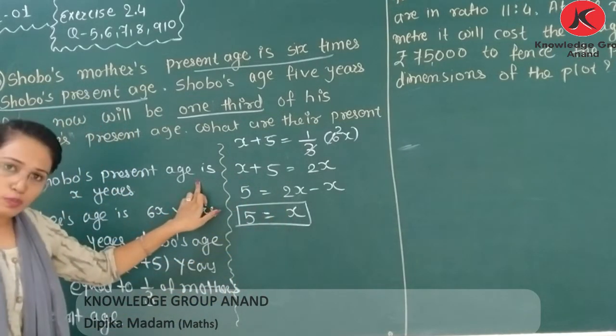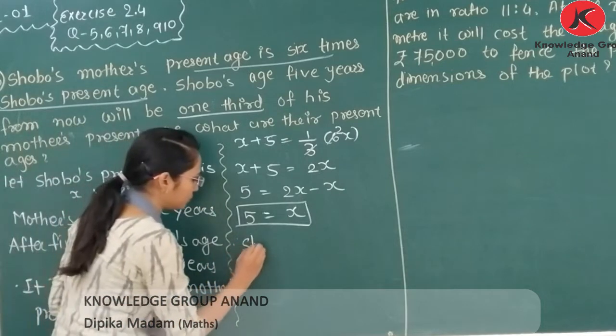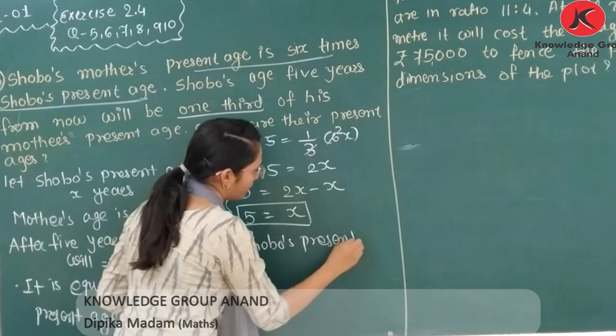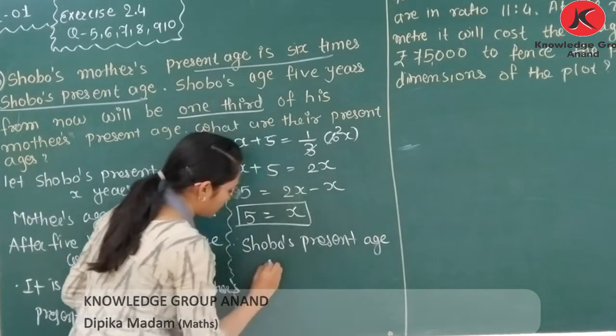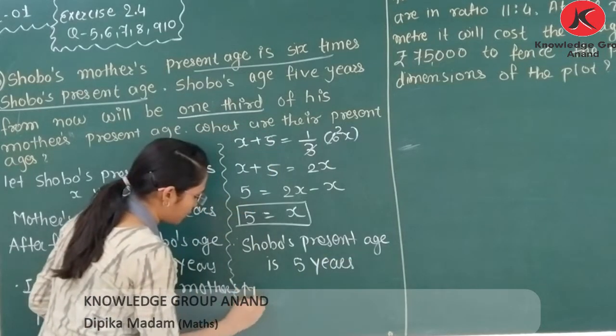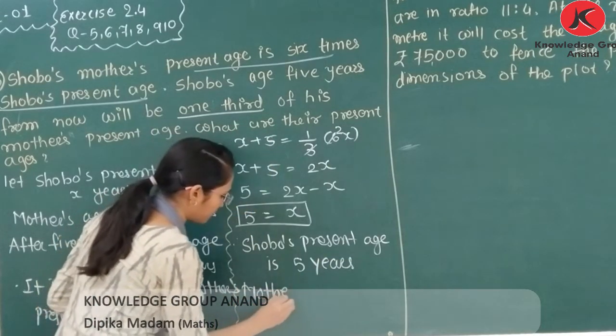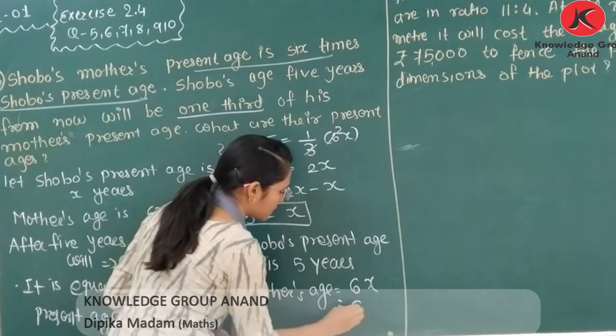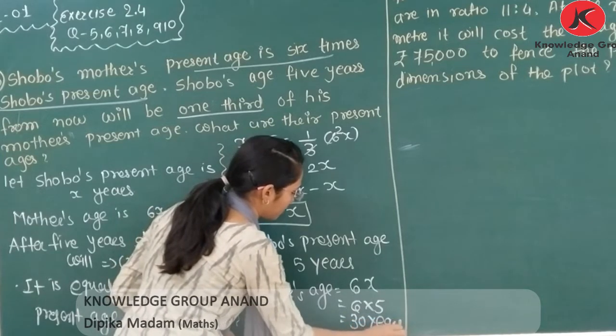That is Subhu's present age. So we can write Subhu's present age is 5 years and mother's age will be 6x, that is 6 into 5, 30 years.